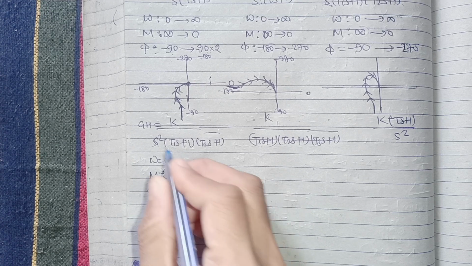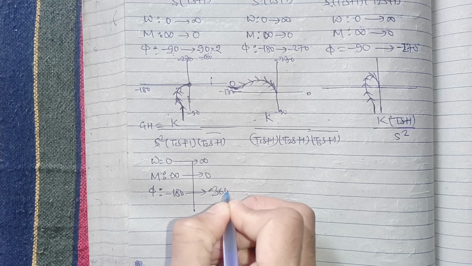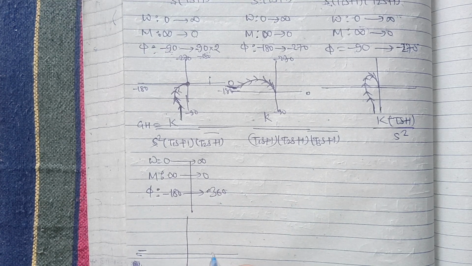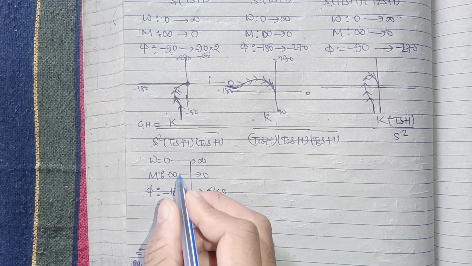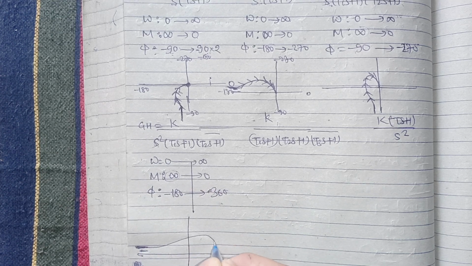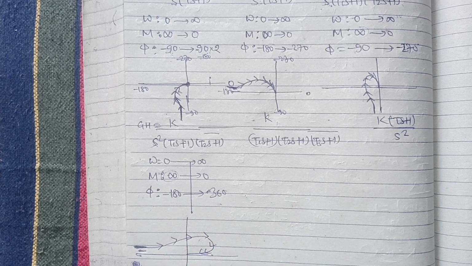So minus 90 into 4, since p minus z is 4, gives minus 360. So minus 180 is here and minus 360 is here, and the magnitude starts from infinity, so infinity is here, and it will start like this and go like this.